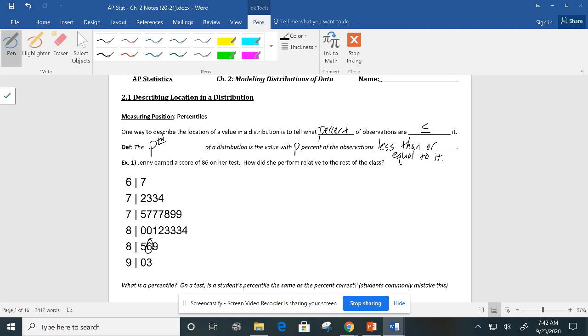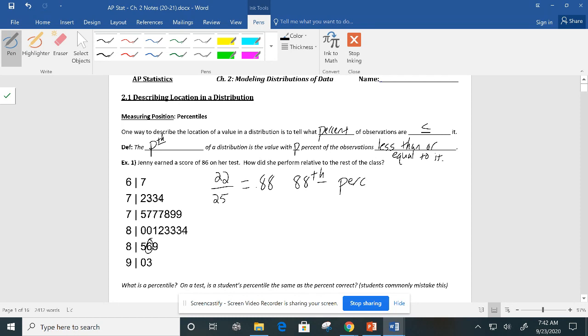If we count how many there are here, 1, 2, 3, 4, 5, 6, 7, 8, 9, 10, 11, 12, 13, 14, 15, 16, 17, 18, 19, 20, 21, 22. So 22 out of the 25 scores are hers or below. That means that she's at 0.88, the 88th percentile.